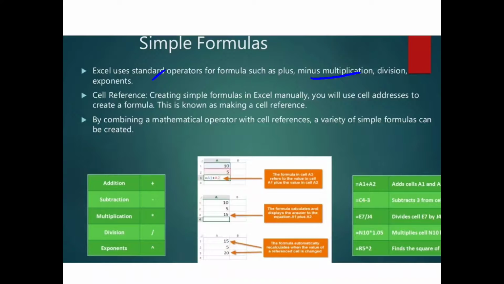Next, moving to cell reference. When creating simple formulas in Excel manually, you will use cell addresses to create a formula. This is known as making a cell reference.